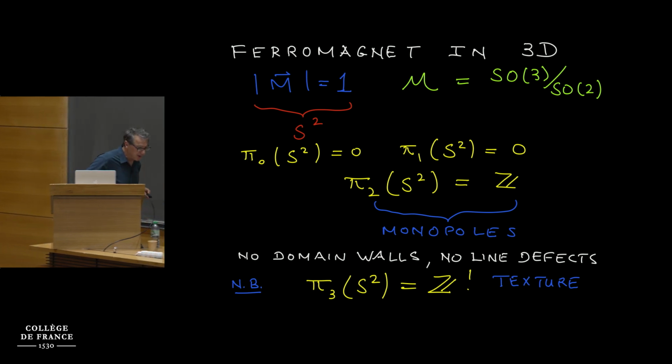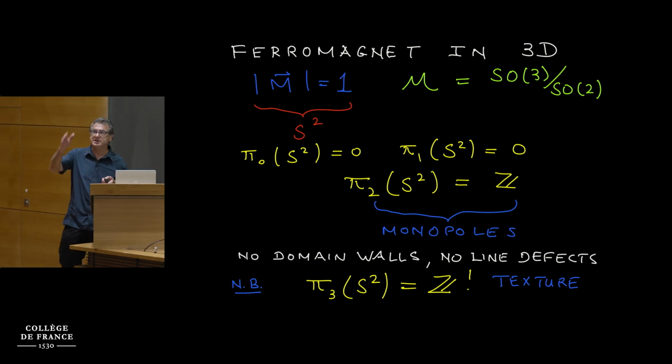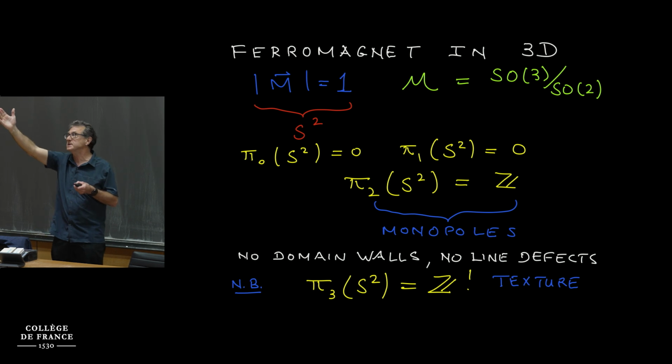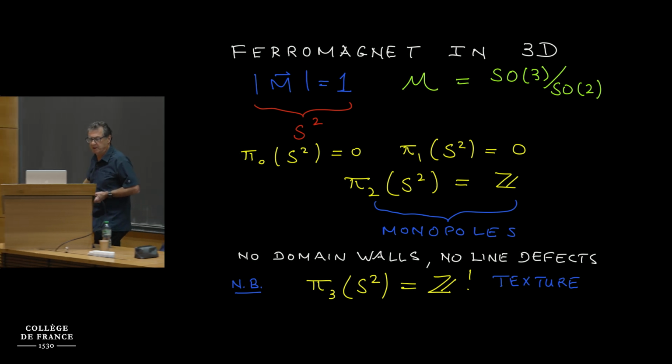Let's look at the ferromagnet in 3 dimensions. So now you have a magnetization vector, and the absolute value of it is the magnetization. Now it's pointing in 3-dimensional space. So anywhere I point in 3-dimensional space, and I fix the magnitude, gives me a 2-dimensional sphere, S2. Okay? That's connected.